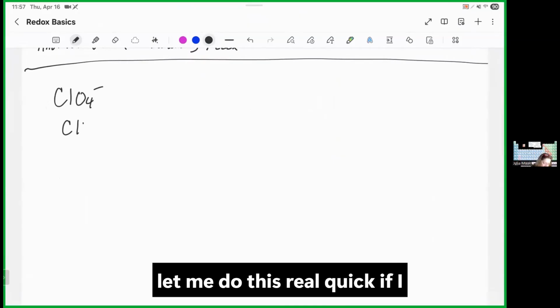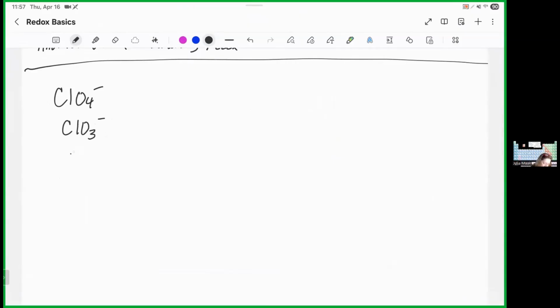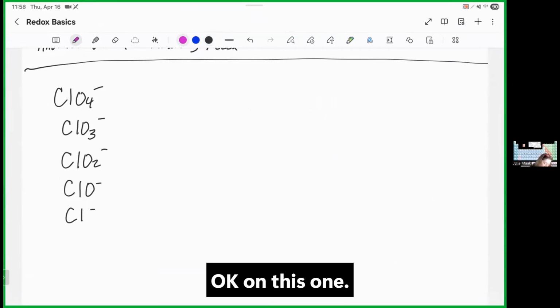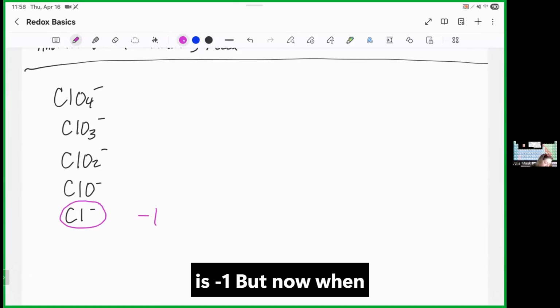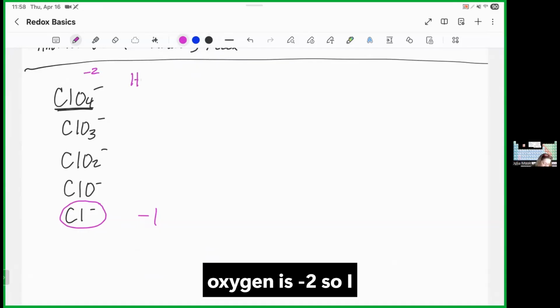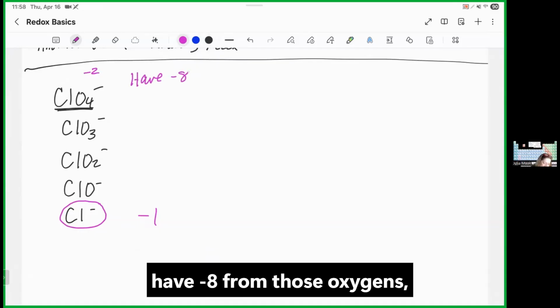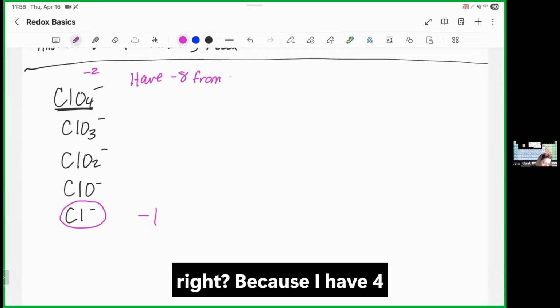If I have... Okay, on this one, monoatomic ion, its oxidation number is -1. But now when I look at these ones up here, okay, I know oxygen is -2. So I have -8 from those oxygens, right?